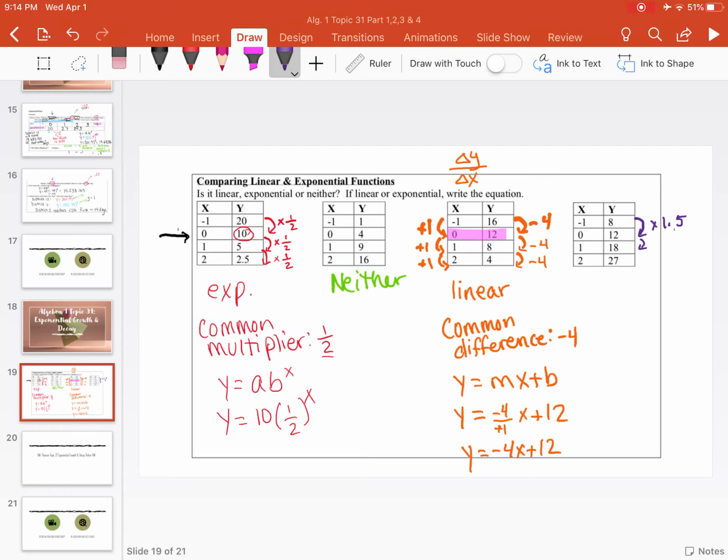In order to get from 12 to 18, we're also multiplying by 1.5. And to get from 18 to 27, we also multiply by 1.5. So here we know that this is exponential because we have a common multiplier of 1.5, or 3/2.